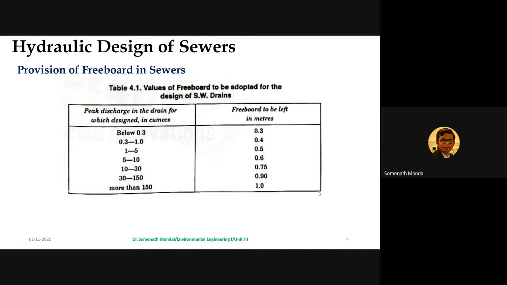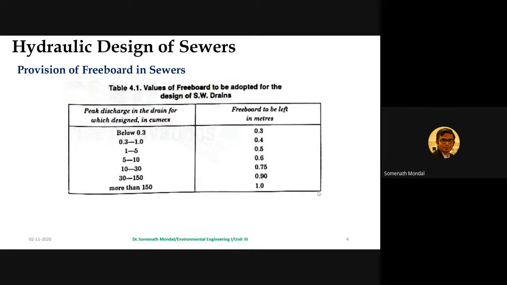Now, if that happens, then there is a huge difference as far as production of sewage is concerned. In that situation, the extra sewage which is getting produced can be taken care of with the help of the freeboard. Now, the values of freeboard which have to be adopted are given in this particular table.